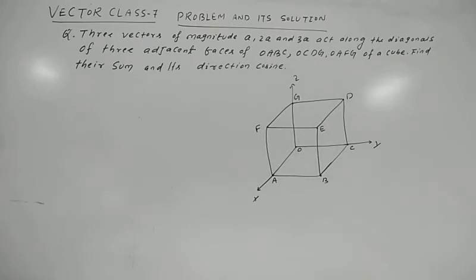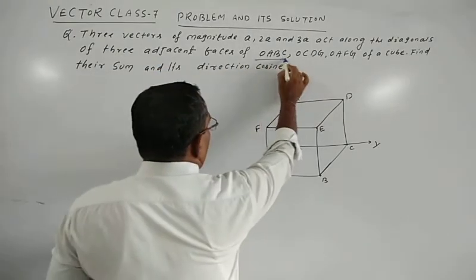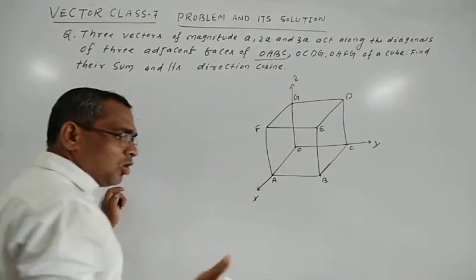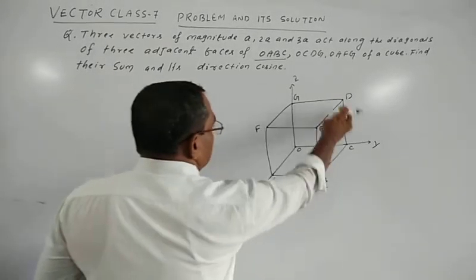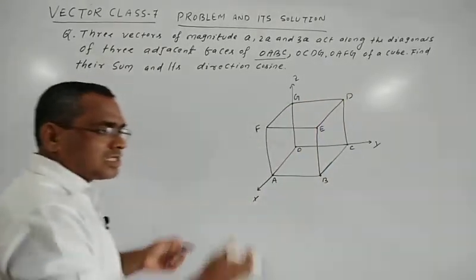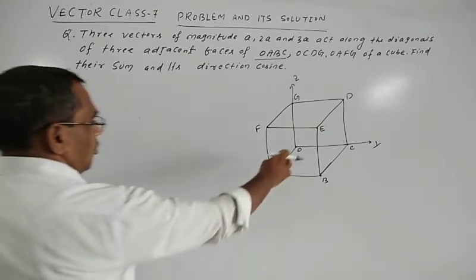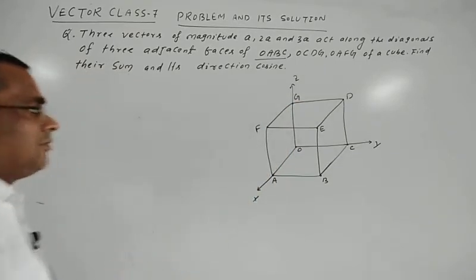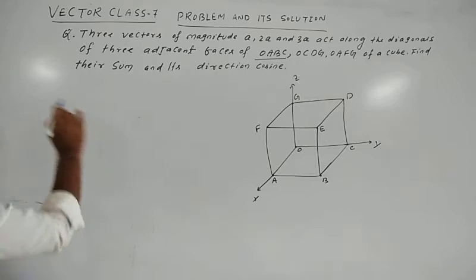Here the three faces: OABC is the lower face of the cube, OCDG is a side face of the cube, and OAFG is another side face.